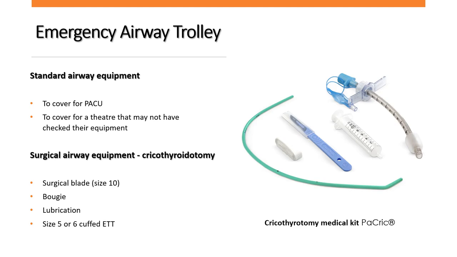But one of the main features is having a surgical cricothyroidotomy set so that in an emergency situation, you can call for that set and rapidly perform your surgical airway. That set should have a scalpel, ideally a size 10 blade, a bougie, and a size 6 cuffed endotracheal tube.